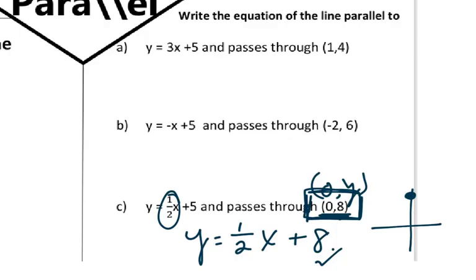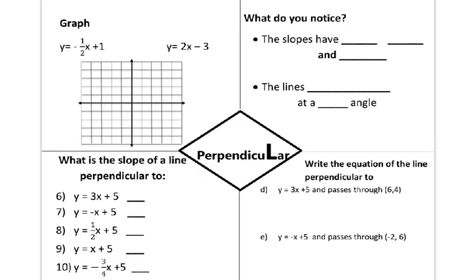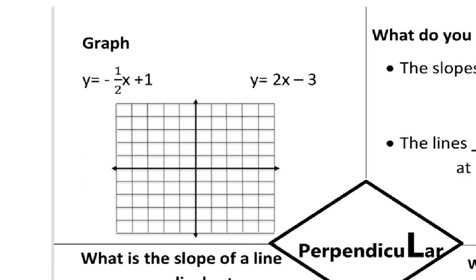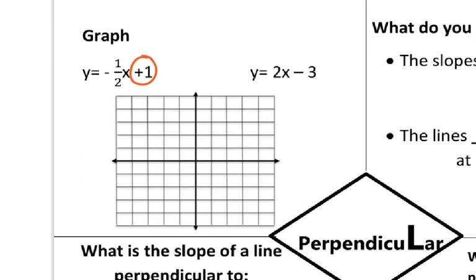So now we know that parallel means same slope. Same slope, parallel. So we move into our second type now. The second type is something called perpendicular. So very similar to parallel, we are going to graph our lines. So in this one here, it says begin at 1, okay? My y-intercept is a positive 1.